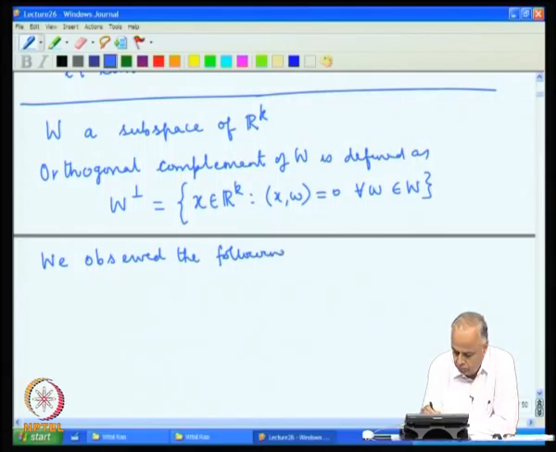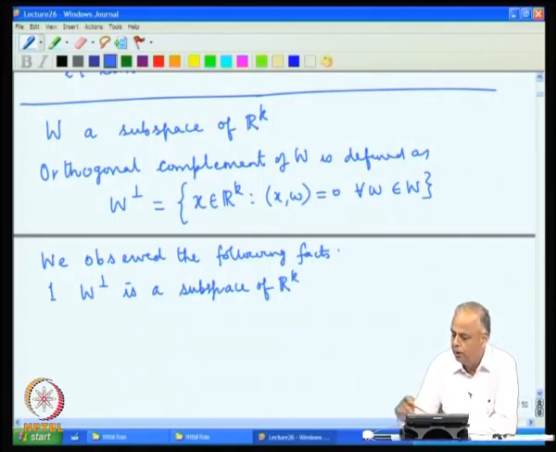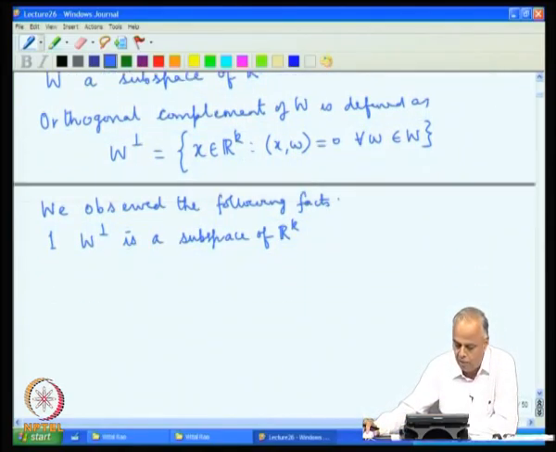What are they? The first thing that we observed was that W perp is a subspace of R k. This is the first simple observation. The W perp is forced to be a subspace of R k.